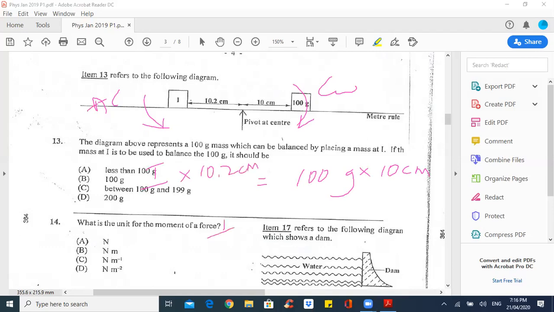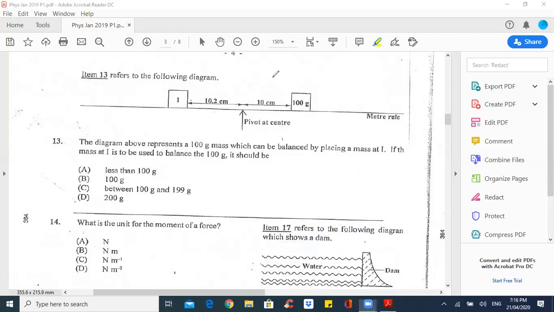We want to find I, so I is 100 gram multiplied by 10 cm divided by 10.2 cm. When you work that out, it will be 100 multiplied by 10 divided by 10.2, so 98. So if it's a value of 98, your only possible answer there is less than 100 gram.